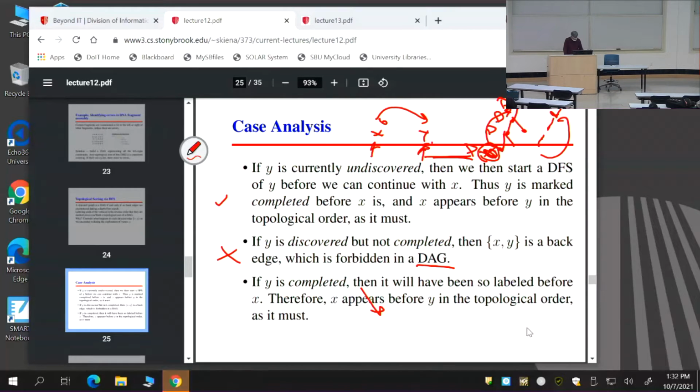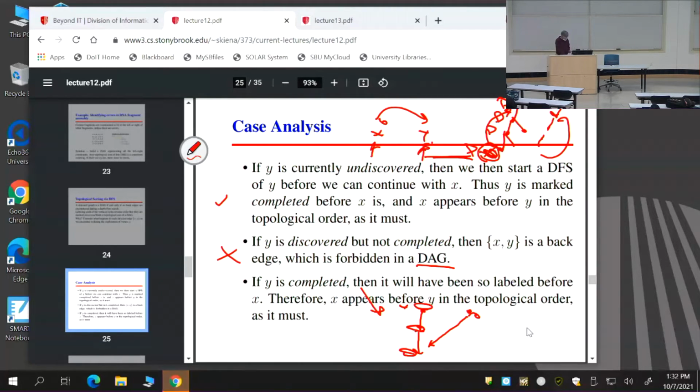The other possibility is that y goes to a completed vertex. How could that have happened? Well, let's imagine a world where we have a DAG that looks like this. Does everybody see what I've got? I've got one vertex, two vertices, three vertices, four vertices.